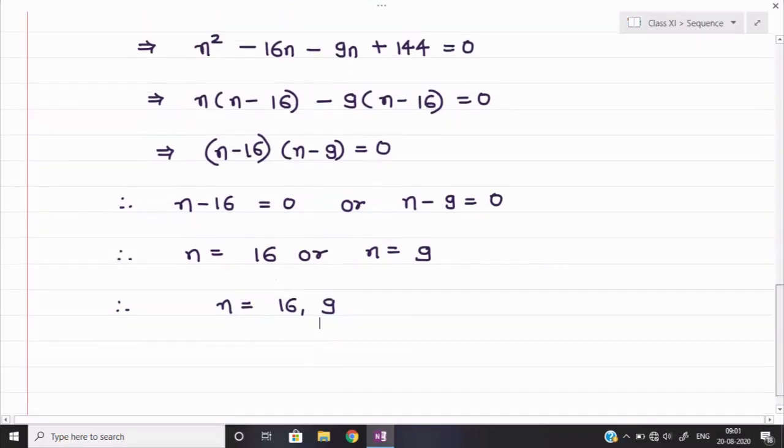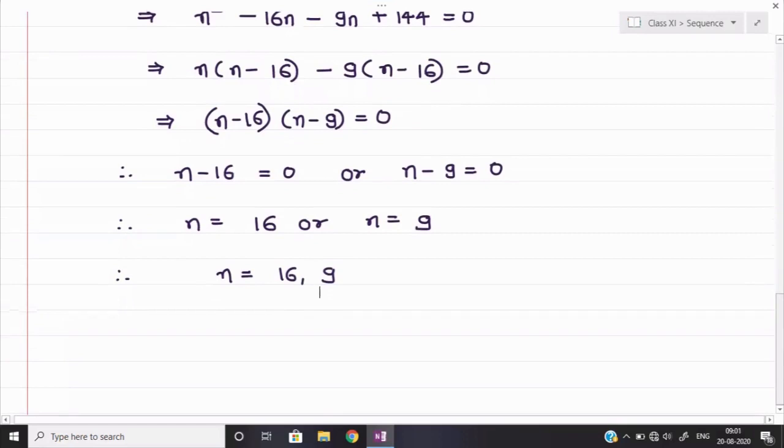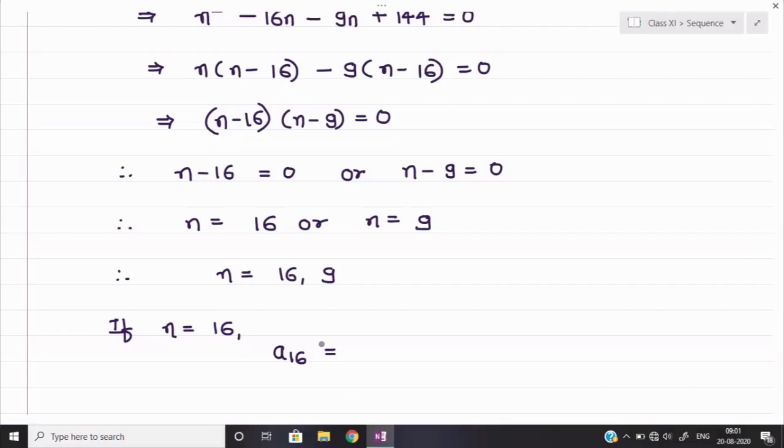So see, suppose I take the higher value 16 and try to find the value of a16, meaning the 16th angle. There will be a 16th angle if I take n equal to 16. So what will be the value of the 16th angle?